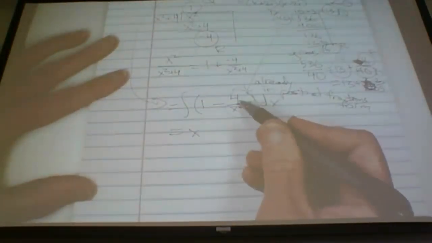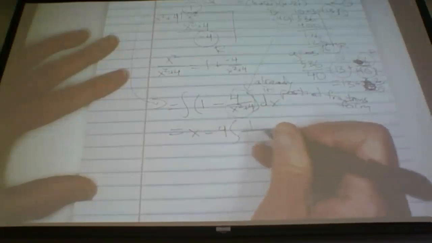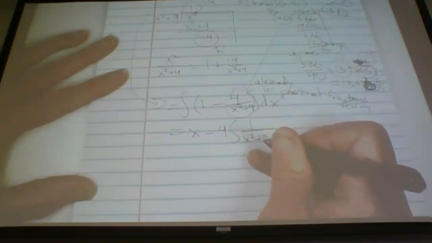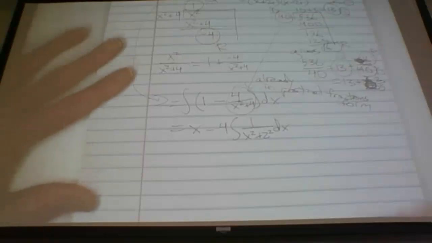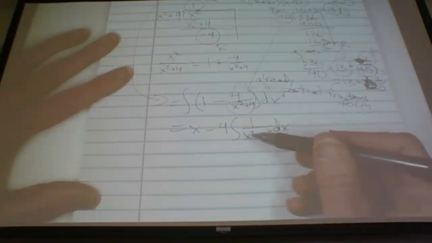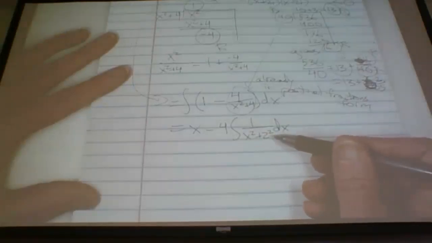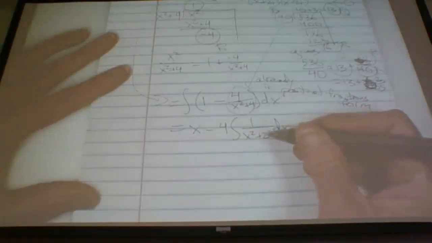How can I integrate that? Integral of 1 is easy, it's x. I might say minus 4 times the integral of 1 over x squared plus 2 squared to write it suggestively. Where have we seen that before? How can I do that? I could think that is the square root of x squared plus 2 squared, you did the homework, right?